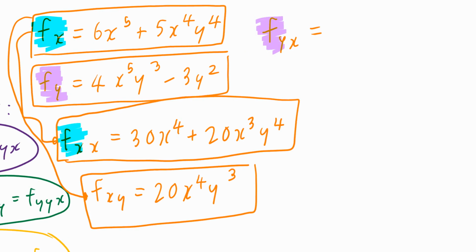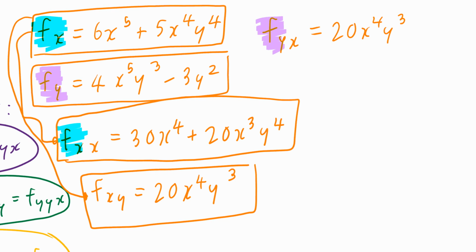So in this case, when I take the derivative of 4x to the power of 5, that's going to be 20x to the 4. So 20x to the 4 times y to the power of 3. And of course, when I take the derivative of negative 3y squared, that's a constant, that's going to be 0.